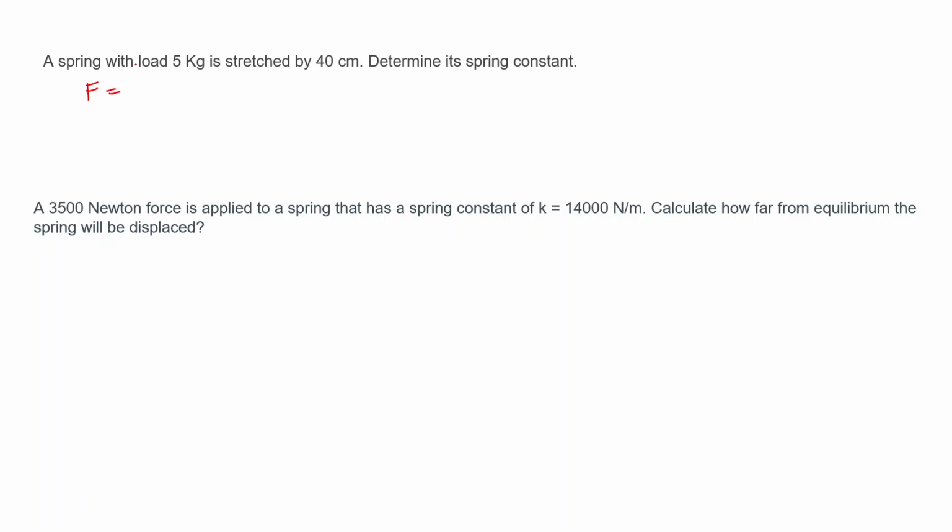We know the force applied will be the mass times the acceleration due to gravity. That means 5 kg times, we know acceleration due to gravity is 9.8 meter per second square, but here for ease we can take 10 meter per second square, so this will become 50 Newton.